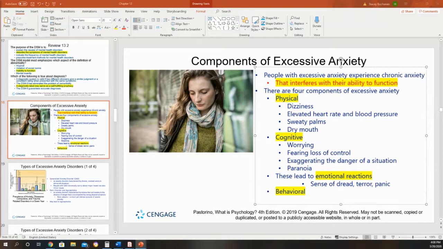Cognitive, so people with excessive anxiety have concerns that are out of proportion and unrealistic to the actual amount of harm that could occur. So someone with excessive anxiety, when they find out they have to drive somewhere they've never been, may blow it out of proportion.